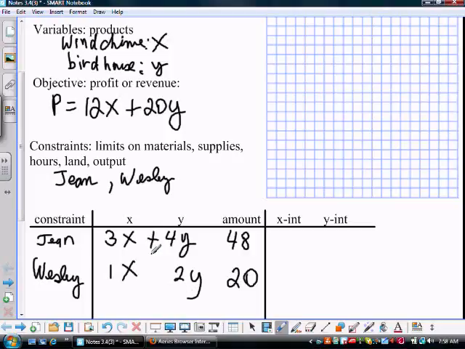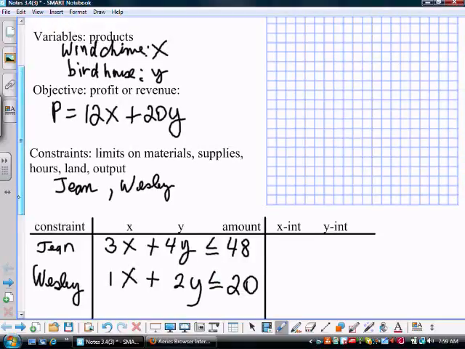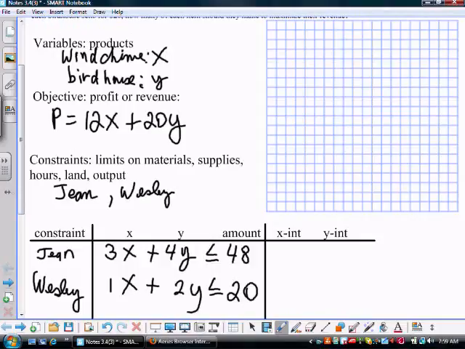And when I add up what they're doing, and we'll always add on these, those hours have to be less than or equal to 48 and less than or equal to 20. Okay. Now I have everything that we had yesterday. So now let's try graphing.